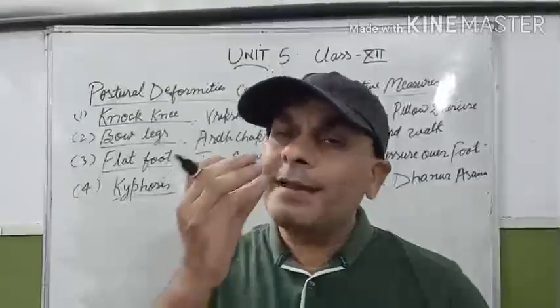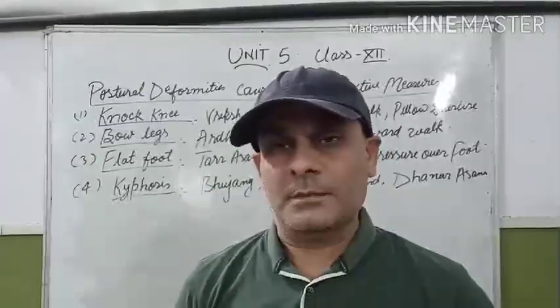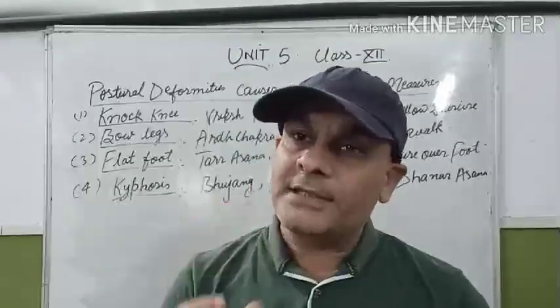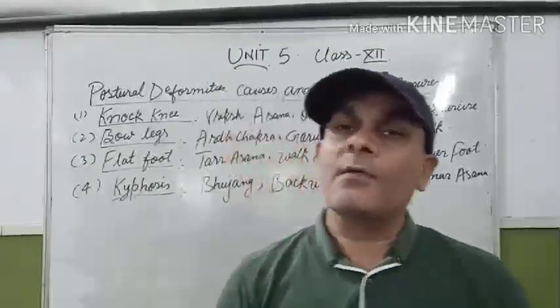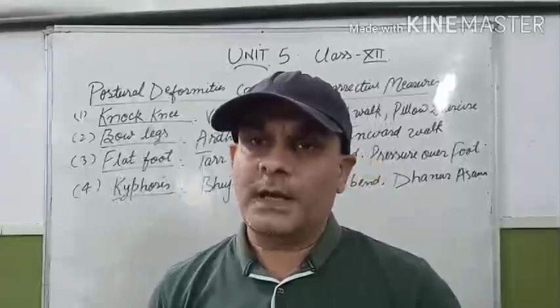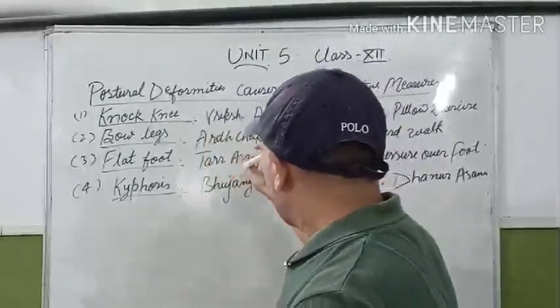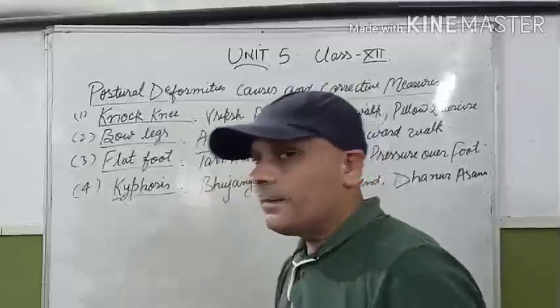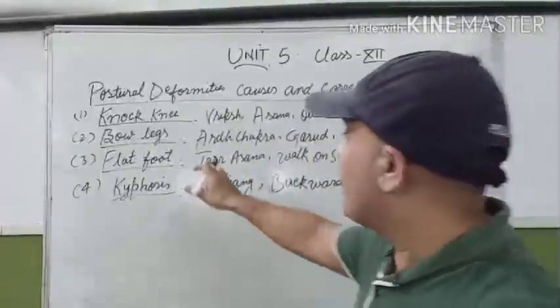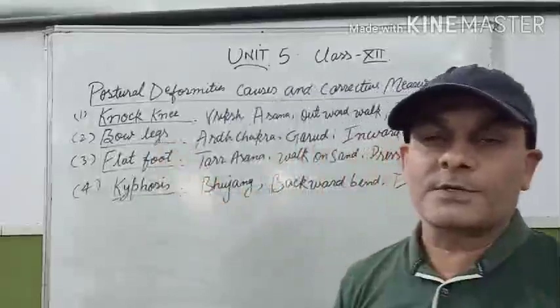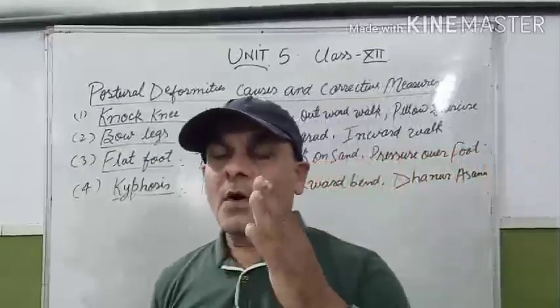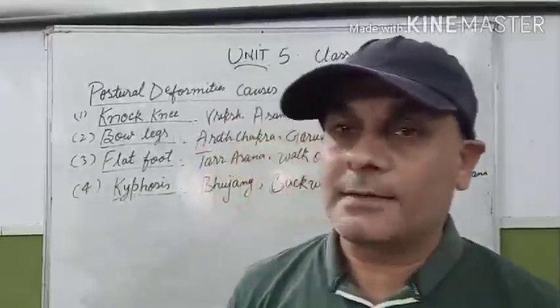Bone may be very thin due to a lack of calcium in the diet, or a lack of vitamin D, right? So that is why people with a lack of calcium in the diet also suffer from bow legs. That is osteoporosis.